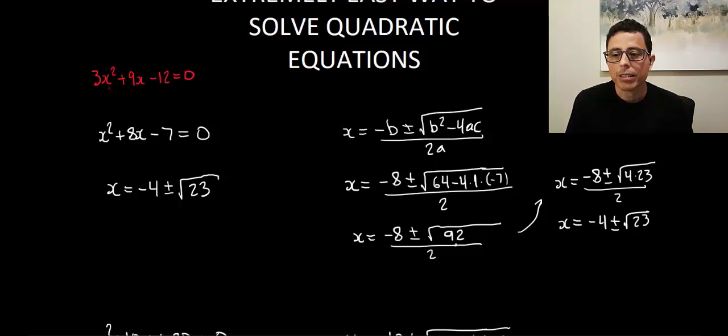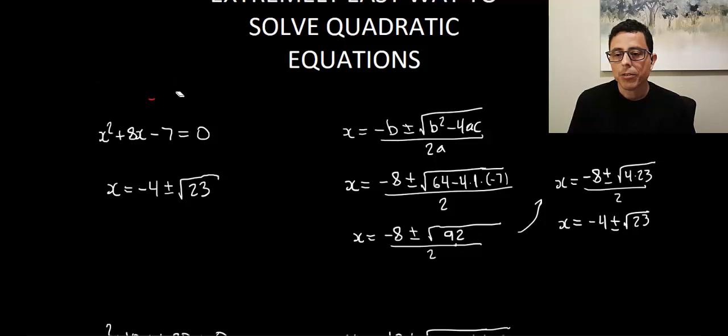You can divide the quadratic equation by that number to make it 1. For example, here I have 3 as a coefficient of x squared. So you can divide both sides of this equation by 3, and you will get x squared plus 3x minus 4 equals 0. And then you can work with this one.